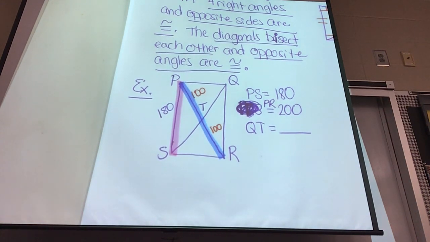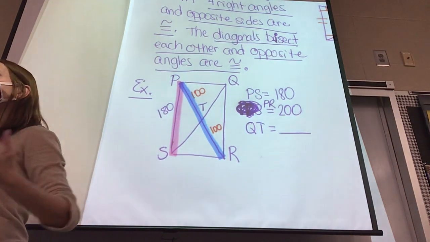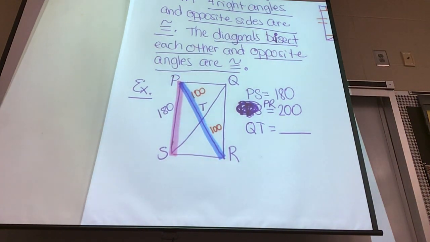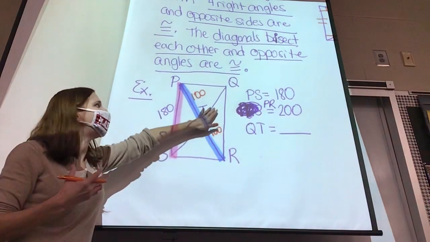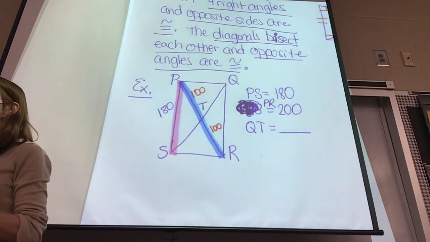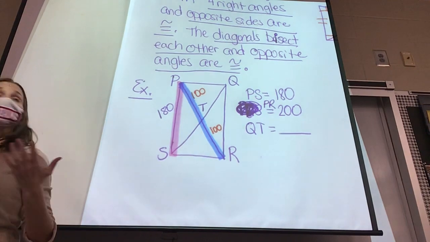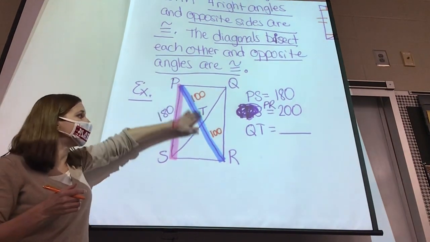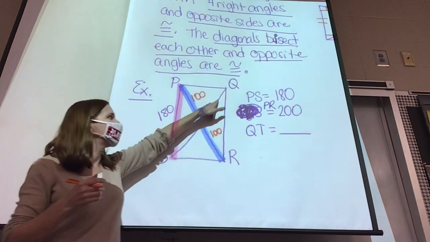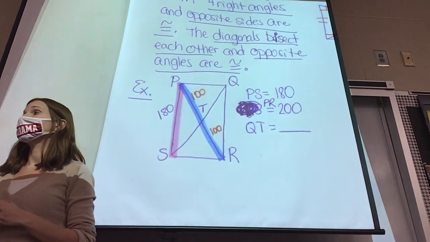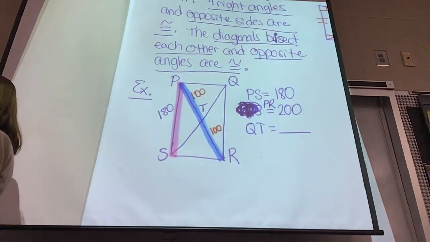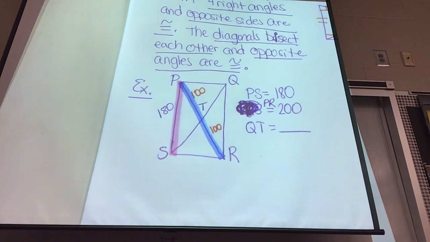So, we know that in a rectangle, the diagonals are basically the same. Whatever this diagonal is, this diagonal is. They're the same distance, because it doesn't lean.